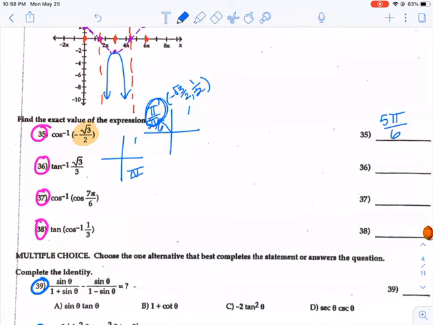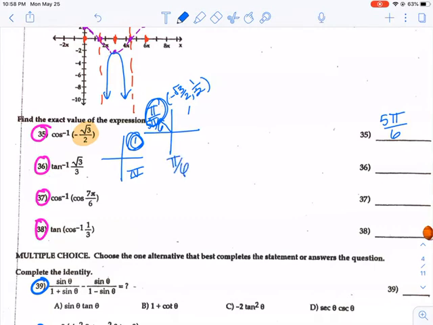Okay, I have a positive, so it tells me I'm in quadrant 1. So we're looking in quadrant 1 for a tangent of rad 3/3. To get a tangent of rad 3/3, you need to divide the y-coordinate by the x-coordinate, and that happens at π/6.